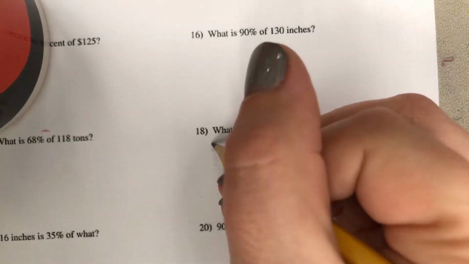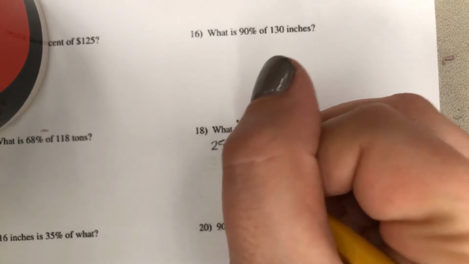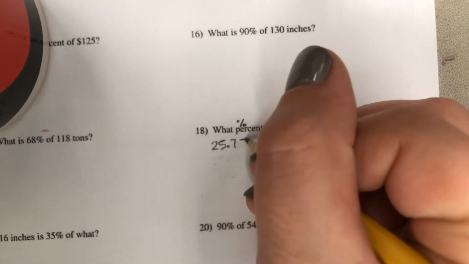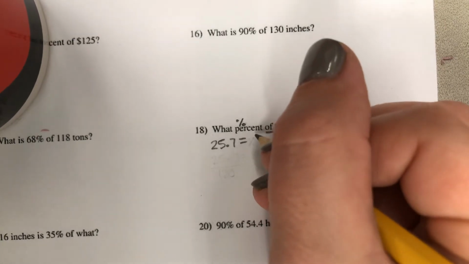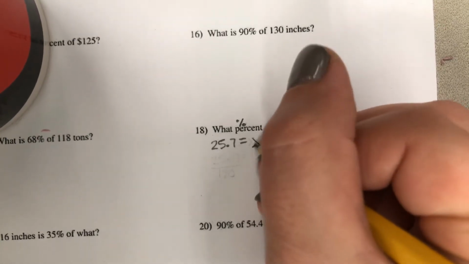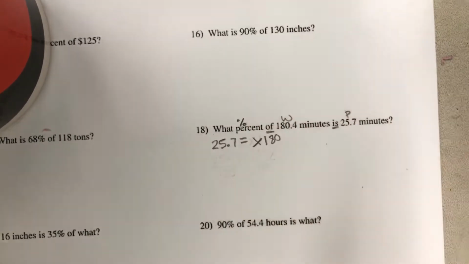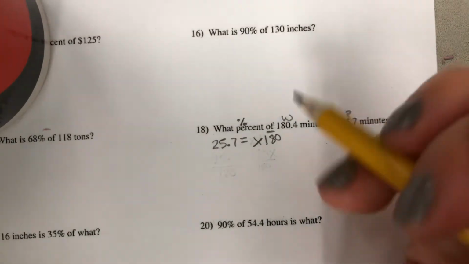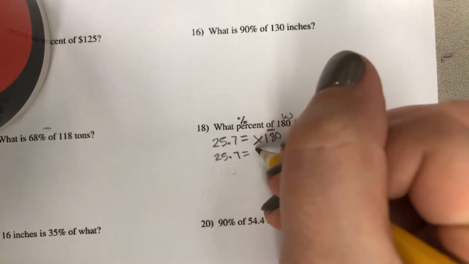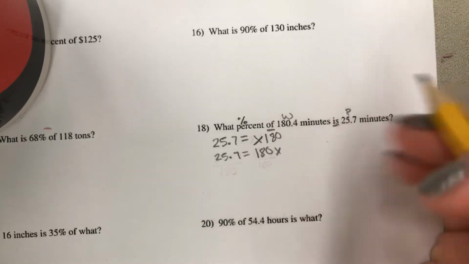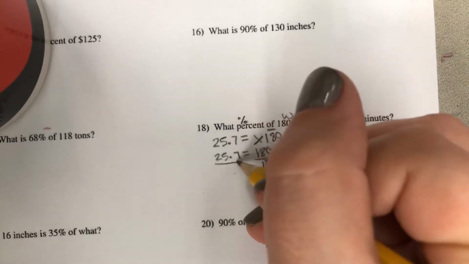So if I write this out as your equation, part is 25.7 equals, the percent is unknown, so we're just going to write x, and the whole is 180. Our variable always comes after, so we were just rewriting it, 180x, and then we divide both sides by 180.